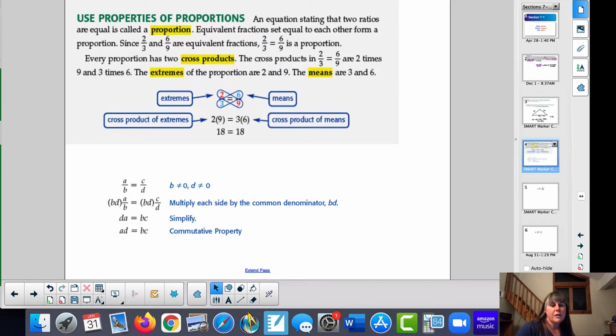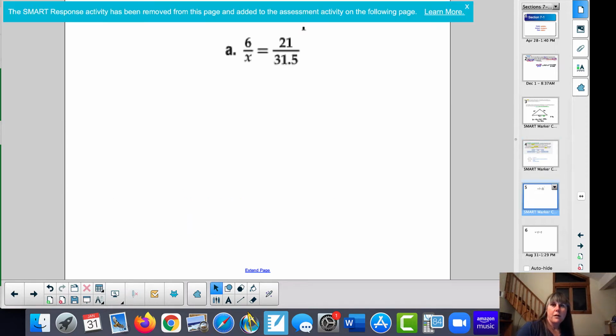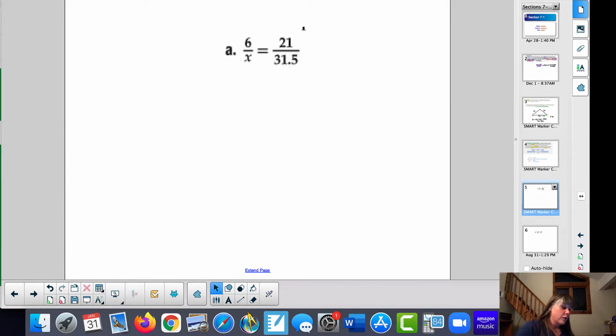And then, of course, I talked about using proportions with equal ratios, and using that also to solve for missing values. So you've probably solved proportions like this before, but like I was saying in the other video, we're going to multiply these two, because these are supposed to be equal ratios.